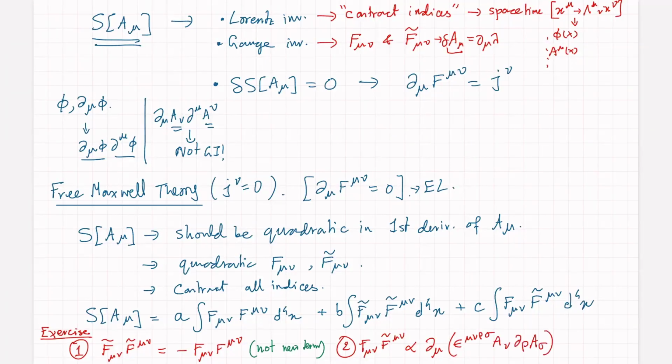So it's a total derivative, and if you impose the standard boundary conditions that fields fall off fast at infinity, then you can ignore this because of boundary conditions. So it's 0? It is 0 if you impose the standard boundary conditions, right? You have a total derivative, and then you integrate the total derivative over d^4x. Yeah.